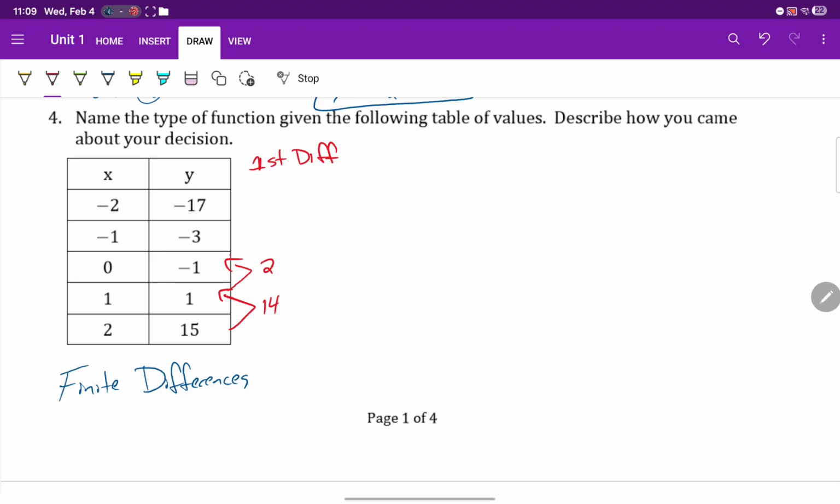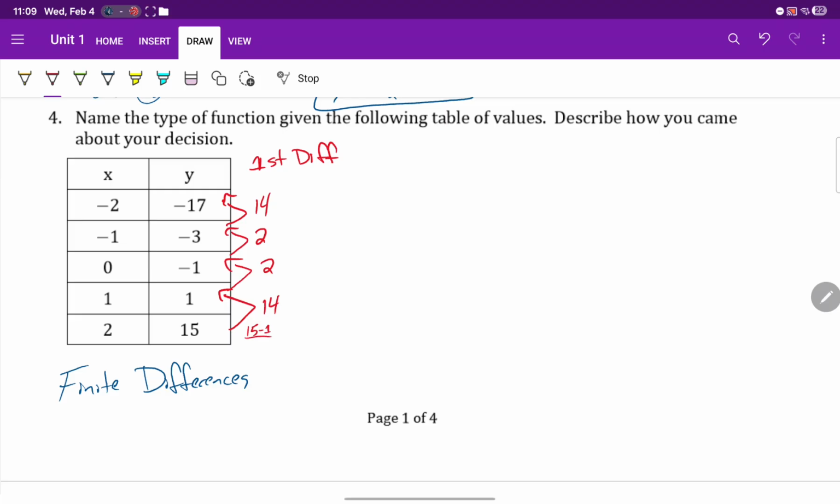That's 2. What is -1 minus -3? That's also 2. What is -3 minus -17? That's 14. So I'm subtracting those values. I'll just write here so you can see, 15 minus 1, right? That's how I'm getting those values.